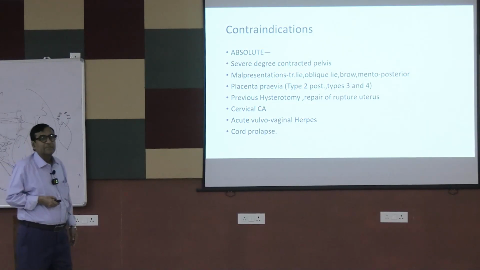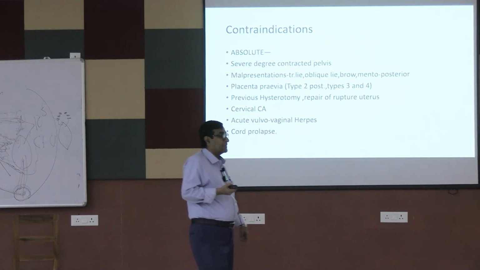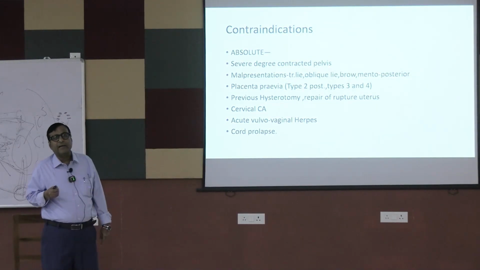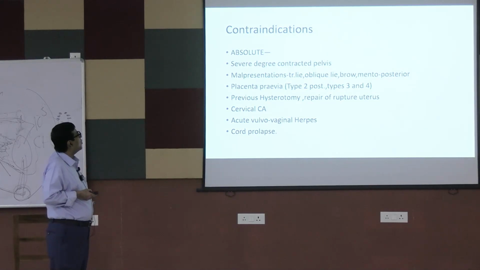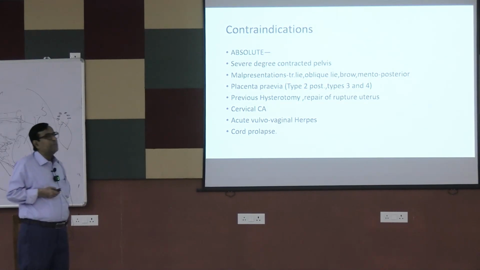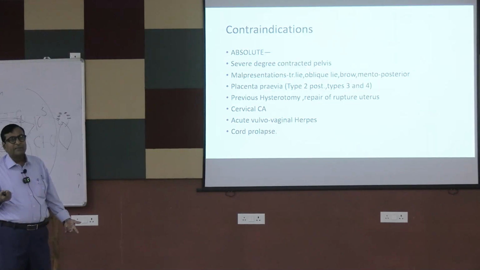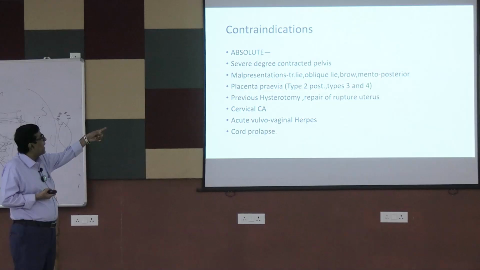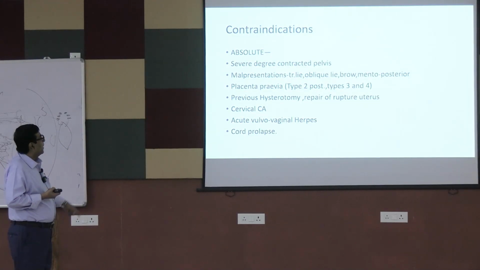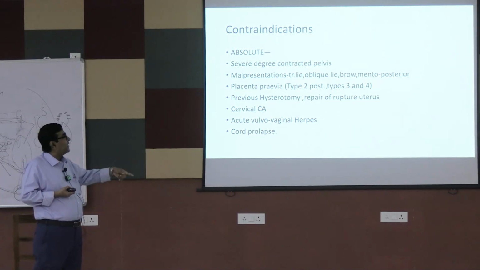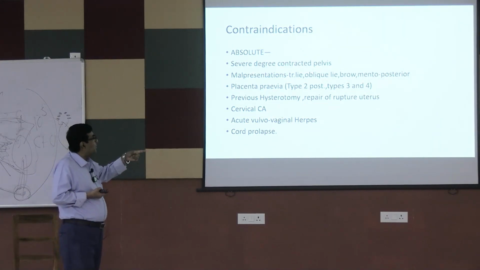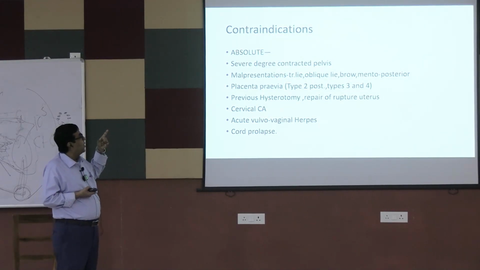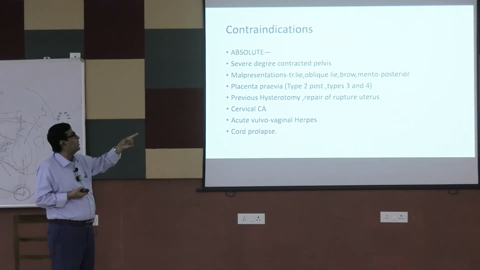Contraindications, when we will not go for induction. This is again divided into absolute contraindications and relative contraindications. What are the absolute contraindications? Number one, severe degree of contracted pelvis, where vaginal delivery is not possible, we will not go for induction definitely. Certain malpresentations like transverse lie, oblique lie, brow, mento-posterior, normal labor is not possible in these positions.